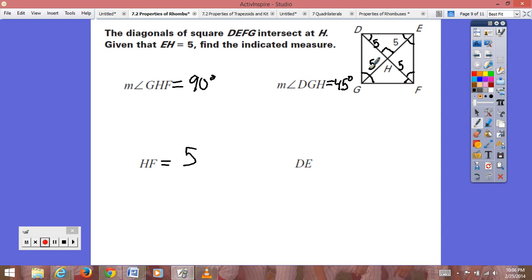So if we have a right triangle with two congruent angles, we know those are 45-degree angles. We have a 45-45-90 triangle. And so to find the length of DE, we know that this length is x square root of 2, with 5 being our value for x. So DE is going to equal 5 root 2.